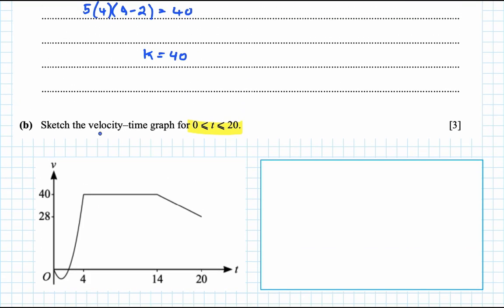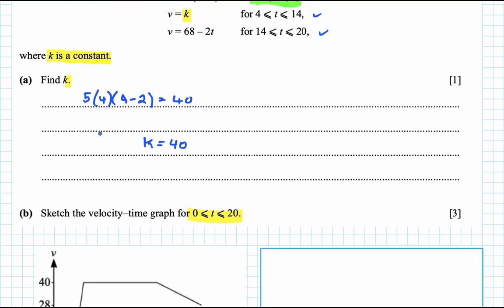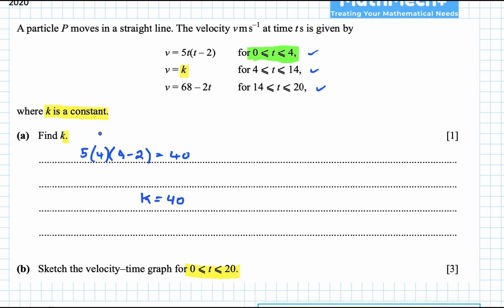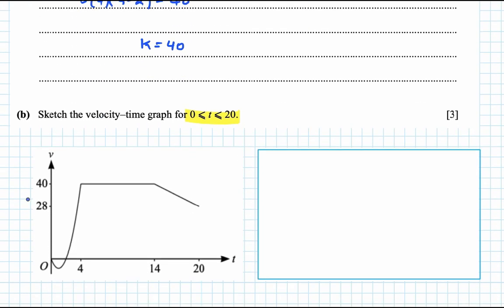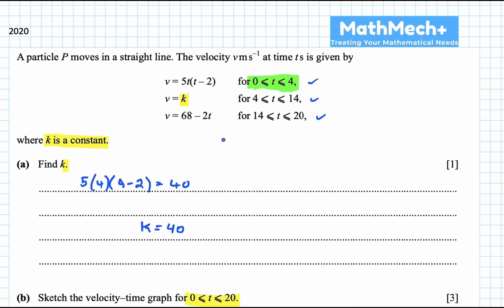Our second stage, from 4 seconds to 14 seconds, was 40. And lastly, we've got minus 2t plus 68. That's going from 14 to 20 seconds.